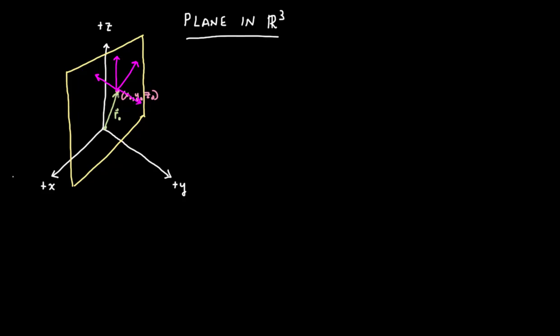They're going to have different lengths, but suppose that all of these vectors are on the plane, and I add up all the terminal points of all these vectors emanating from the r naught point, then I will have my plane. But what do all of these vectors have in common? Every single vector on the plane has something in common besides that it starts at the point x naught, y naught, z naught.